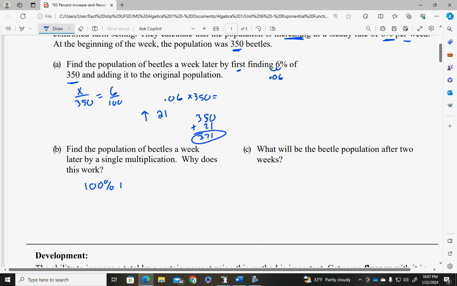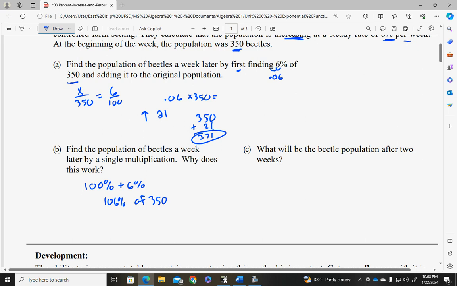If I have a percentage higher than 100%, that means it increased. So our beetles are increasing by 6% each week. So I could say I want to find 106% of the 350.